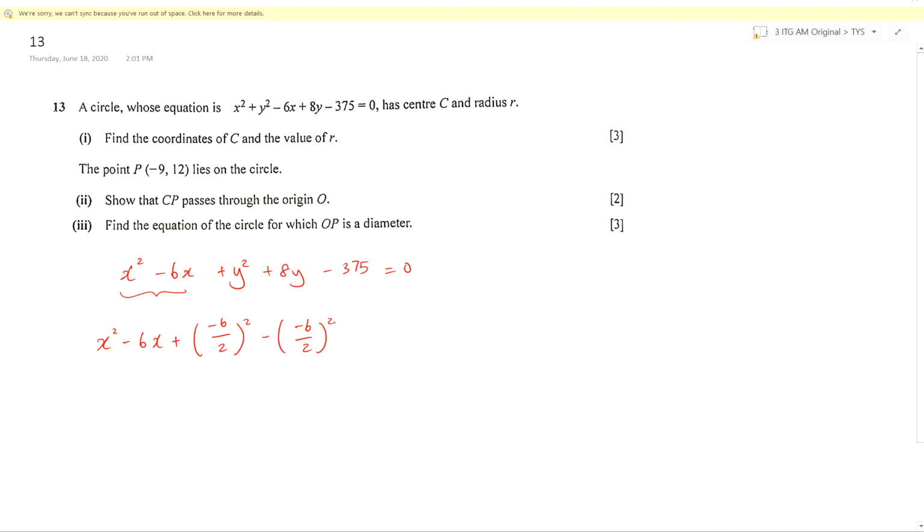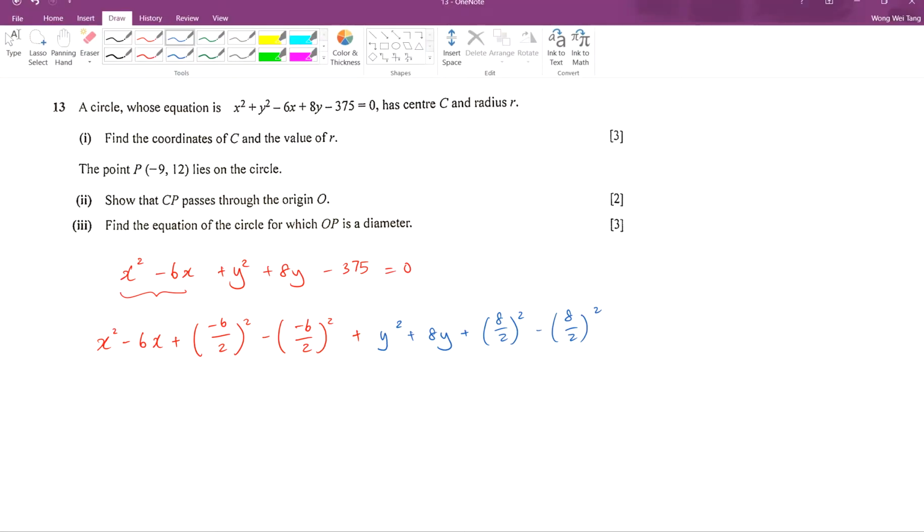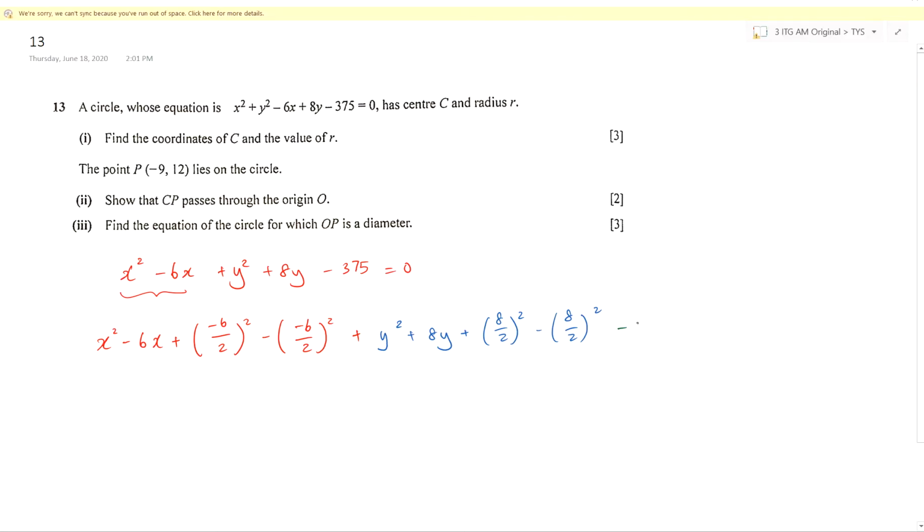So this is for the x squared and the x terms. And now we're going to work on the y terms. Plus 8 over 2 squared, minus 8 over 2 squared, and we're left with the constant.